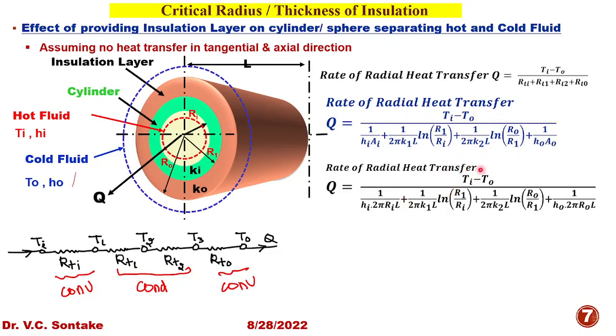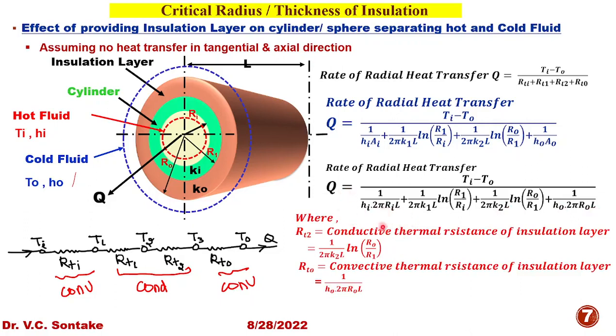The rate of radial heat transfer is further expanded: Ti minus To. This Ai is nothing but the inside surface area. So 1 over hi into 2 pi ri L plus 1 over 2 pi k1 L log of r1 to the ri plus 1 upon 2 pi k2 L log of ro by r1 plus 1 over ho 2 pi ro L. 2 pi ri L is the inside surface area, 2 pi ro L is the outside surface area.